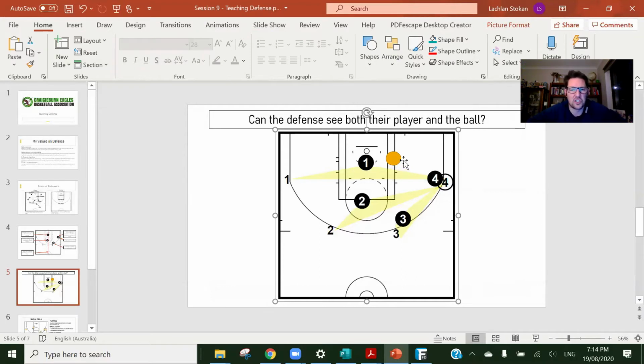We don't let them catch the ball in a straight line like that. So if the ball is usually below that foul line, if the ball's below the foul line and they're on that same side, I always say front them and don't let them catch. If the ball was higher, so the 4 player was up here somewhere, I would say below that number, put that 3 player and deny. So front and deny.